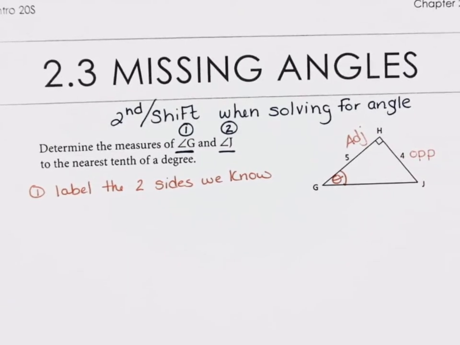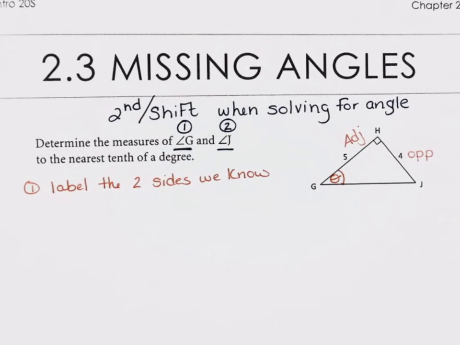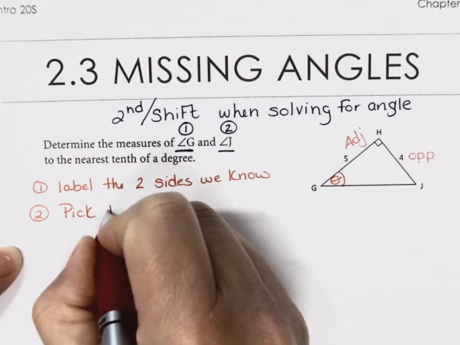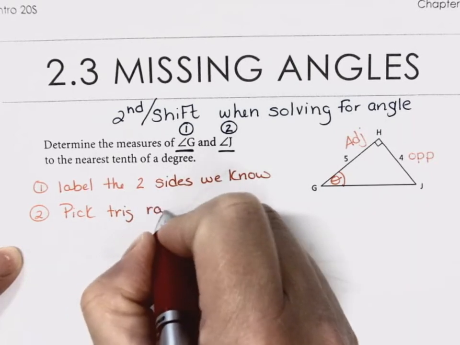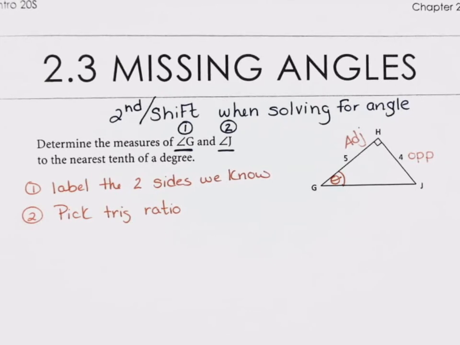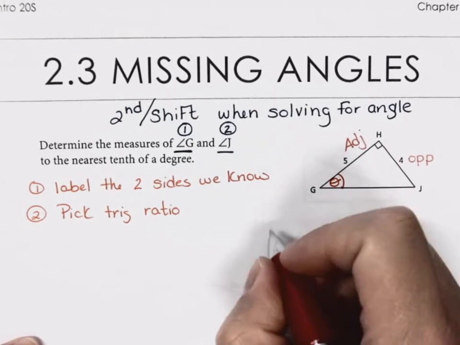Okay, so now step 2, we pick the trig ratio. So now we pick the trig ratio that has opposite and adjacent in it. They're on the front board. Which trig ratio has opposite and adjacent? So this one's going to be tan.